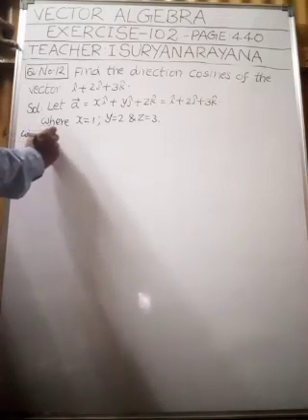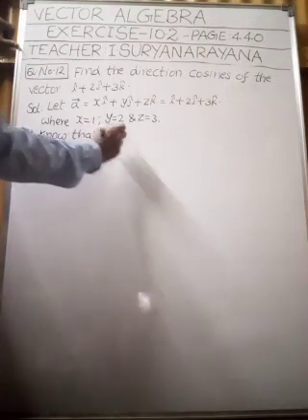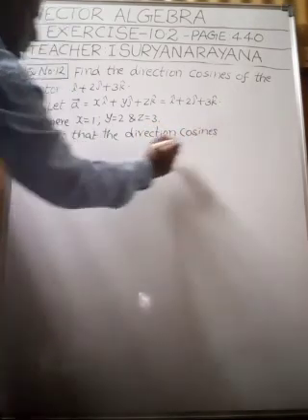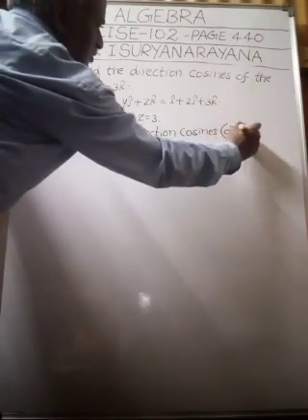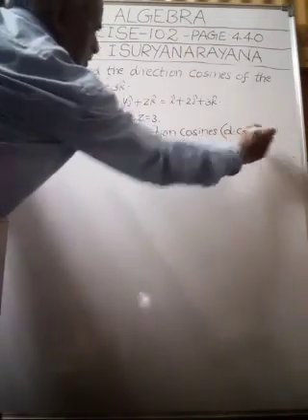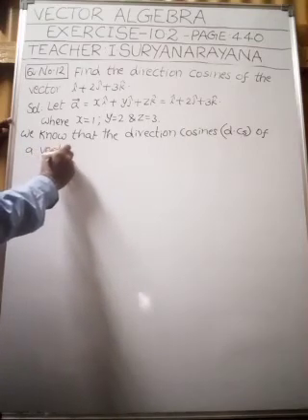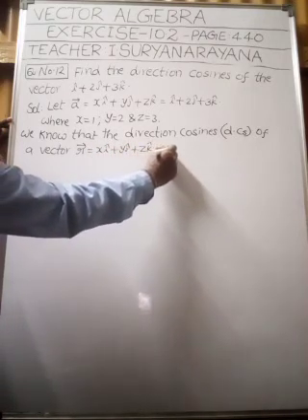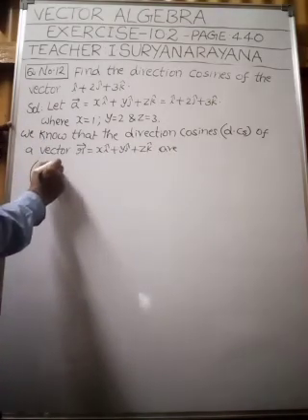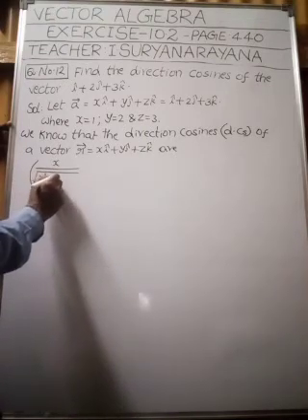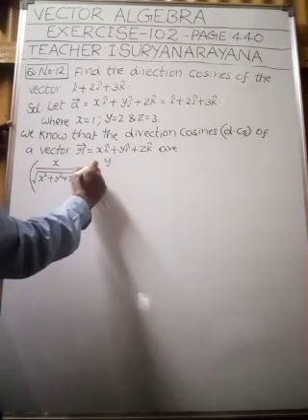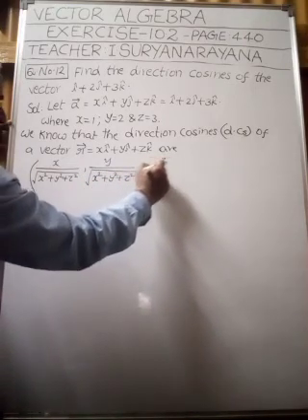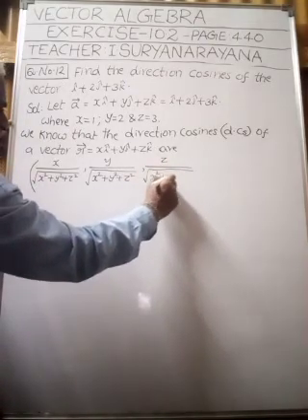We know that the direction cosines, in the short form we write d.c.s, of a vector r bar is equal to x i cap plus y j cap plus z k cap, are the ordered triplet x by square root of x square plus y square plus z square, comma y by square root of x square plus y square plus z square, comma z by square root of x square plus y square plus z square.